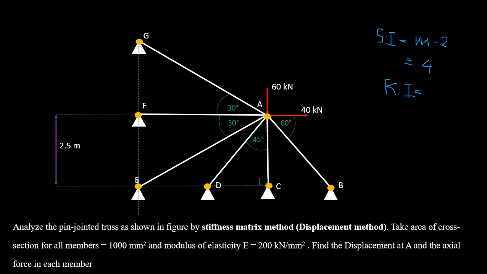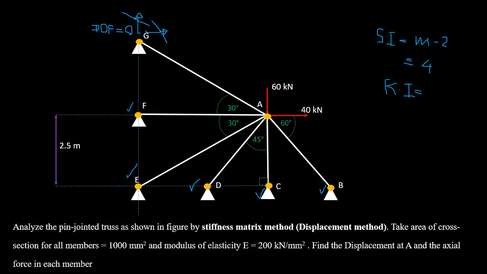That means at each joint you can only displace it in the X direction or Y direction. But these are pin supports, so you can't move here or here. So the degrees of freedom, the unknown displacements, are 0 at each of these joints. The kinematic indeterminacy is the summation of unknown displacements.